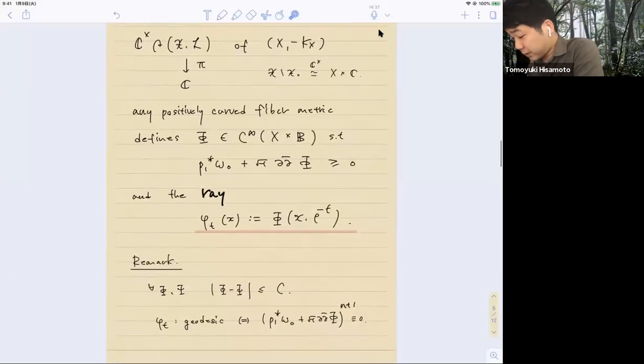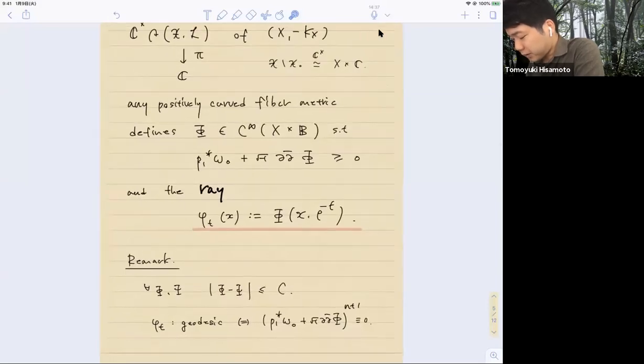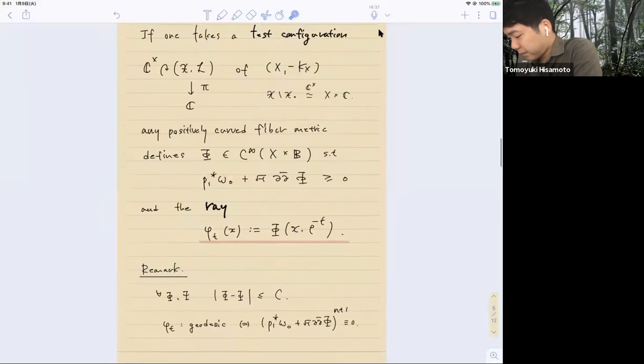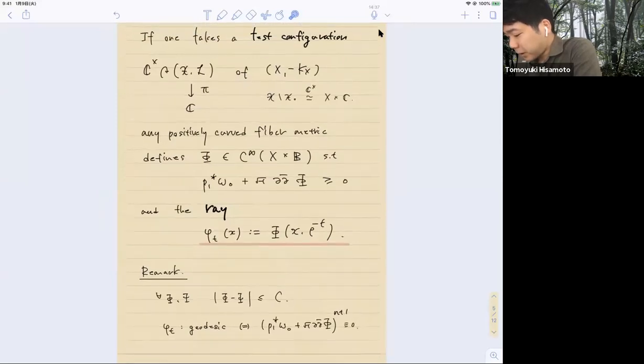So this is unique for the prescribed boundary condition. So sometimes it's very convenient to take this sort of canonical ray attached to each test configuration. So in particular, a geodesic is canonically attached to each test configuration.